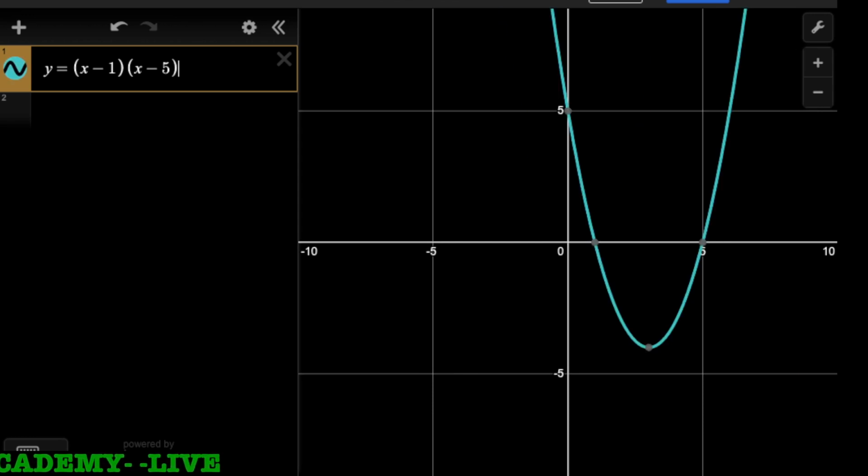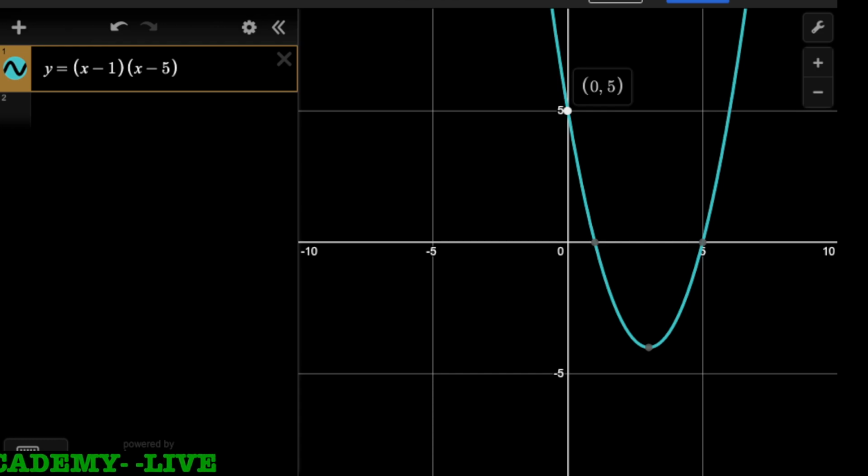And that works out because if you look at the key parts of your function, I have that y-intercept at 0, 5. I have my vertex, which should be switched around, should be 3, negative 4. So let me actually change that in there before I forget. So that should be 3, negative 4.